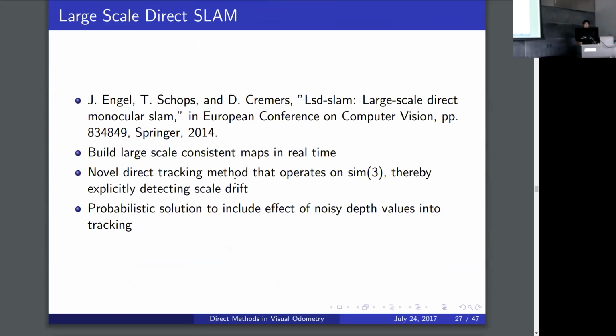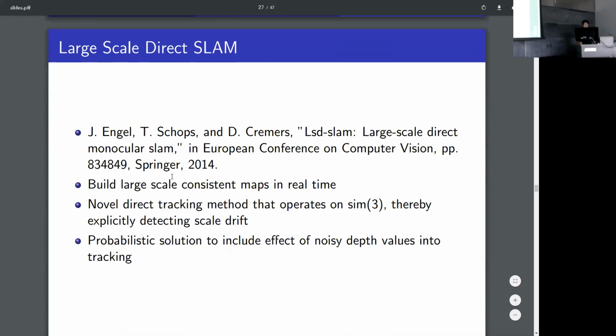So a follow-up paper to the semi-dense visual odometry by the same author created a SLAM algorithm called large-scale direct SLAM, and the 3 major contributions are that it tries to build a large-scale consistent map in real time. It uses the semi-dense direct methods that I just described.